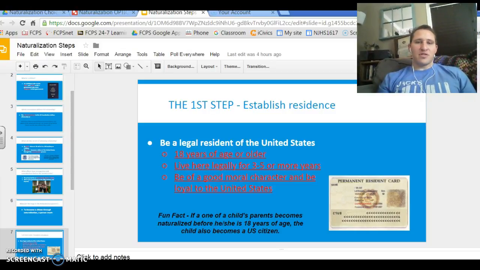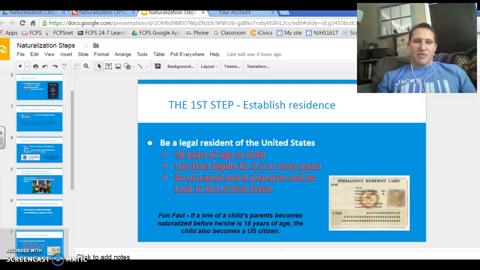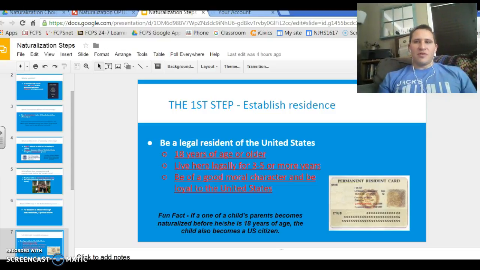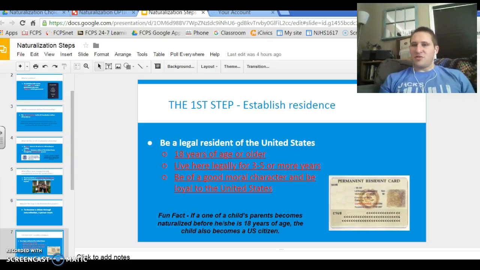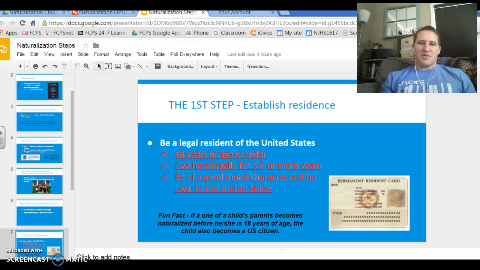If you're married to a U.S. citizen, it's about 3 years. And if you're not, it's 5, or you can wait longer. You don't have to do it right at 5 years. You can wait until you're ready. You also have to be of good moral character and loyal to the United States. You have to follow laws, follow your duties, follow your responsibilities, be a good citizen in order to take this first step, I should say, to become a citizen.